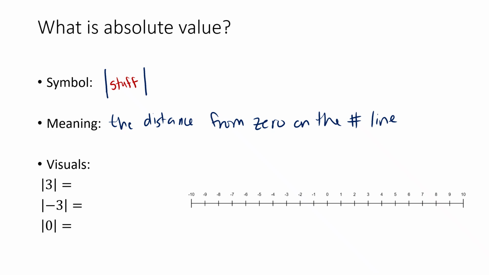So it means the distance from 0. So something like this. Okay, we could read this out loud, the absolute value of 3. But we could also read it as the distance of 3 from 0, or how far is 3 from 0. And that's just invoking the definition of what that symbol means.